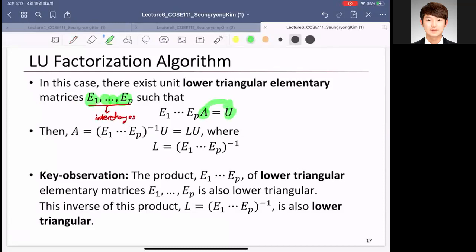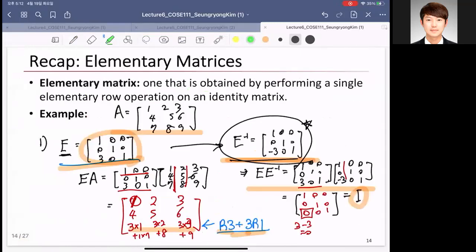Then in other words, there exists a unit lower triangular elementary matrix that looks like this, which is the form here.